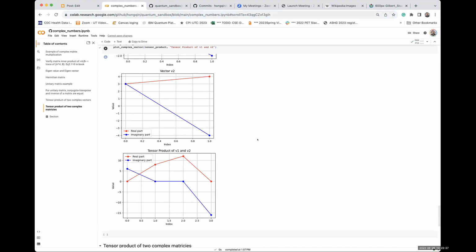On the output tensor, the element at 0, 0 is the element 0 of the first vector times element 0 of the second vector. And the tensor element at 1, 0 is the element of vector 1 at 0 and vector 2 at 1. I believe so.